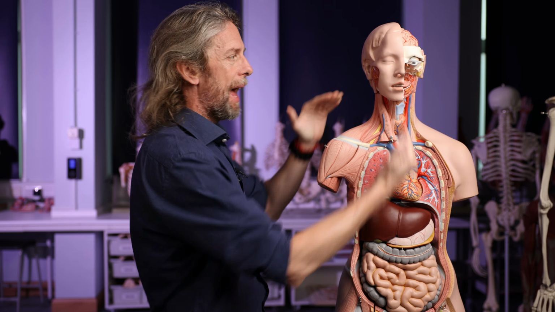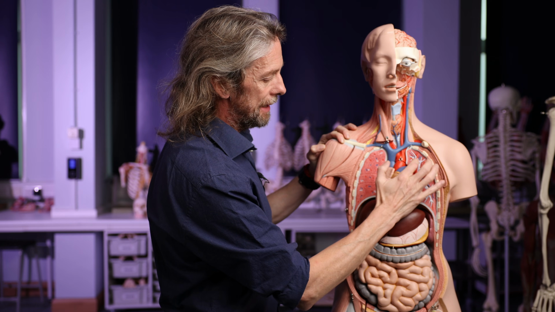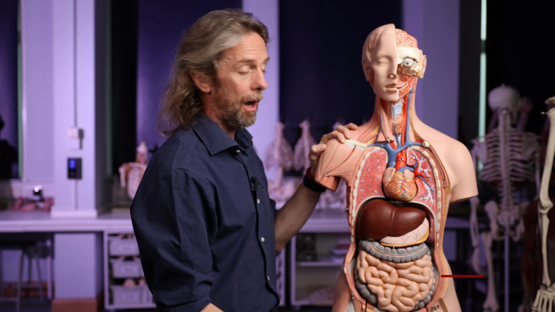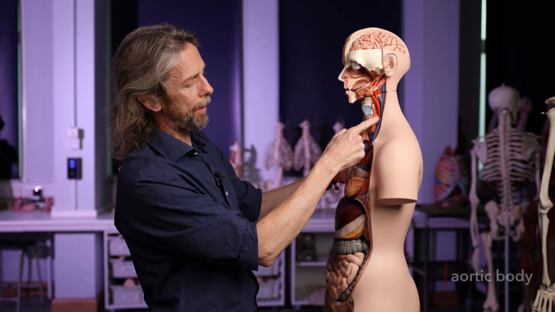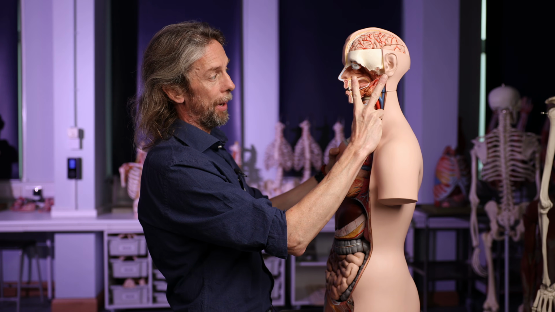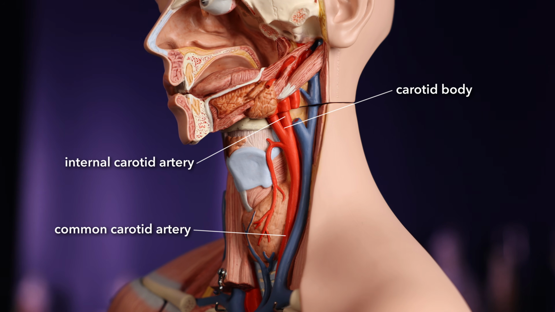Chemoreceptors are the sensory organs responsible for collecting information about oxygen, CO2, and pH in the blood and informing the brainstem about that. So they're the sensory apparatus. We find these chemoreceptors in the aortic arch, as the aortic body, and up here where the common carotid artery bifurcates into external and internal carotid arteries.